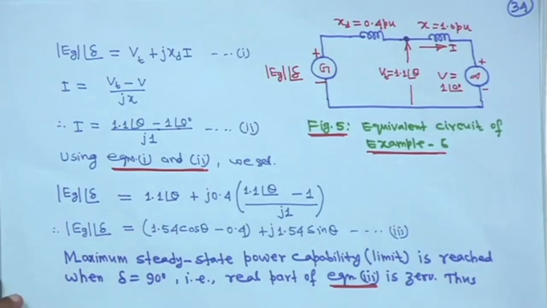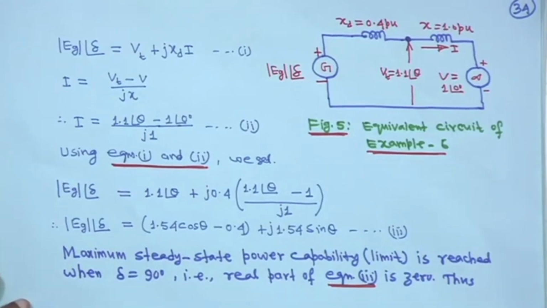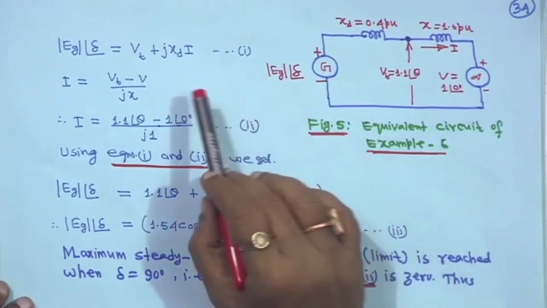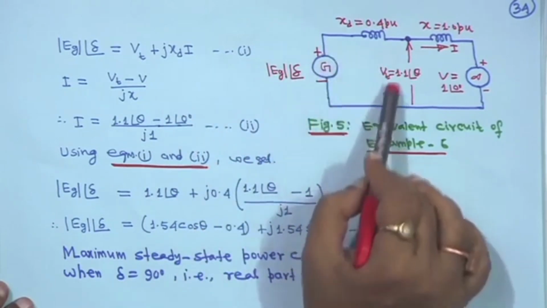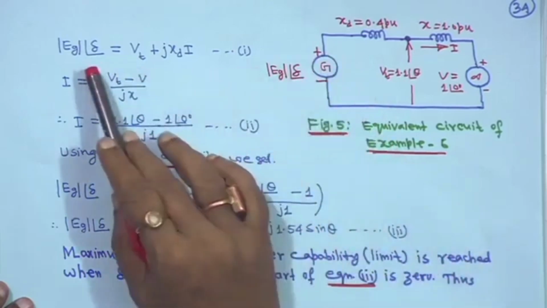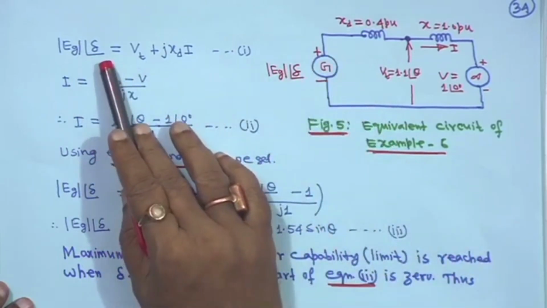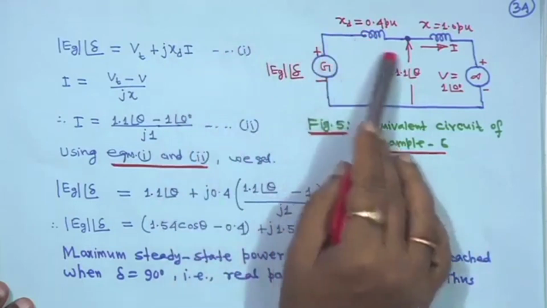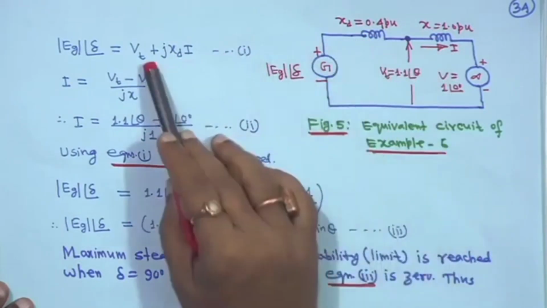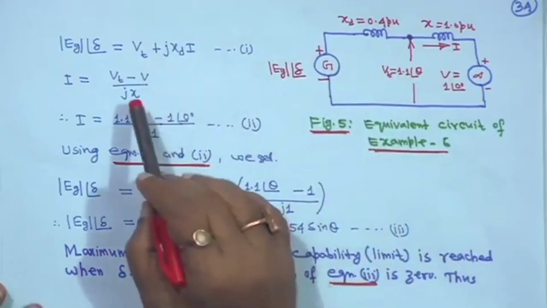Now, what you will do is first apply KVL in this. So, magnitude E_g angle delta is equal to j x_d into the current flowing through this, I, plus V_t. This is one equation.